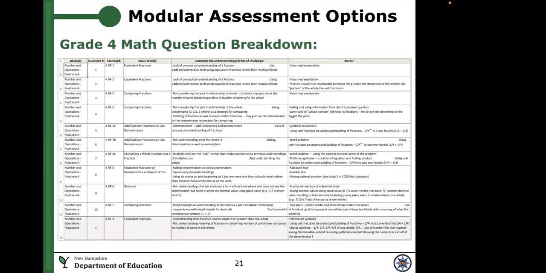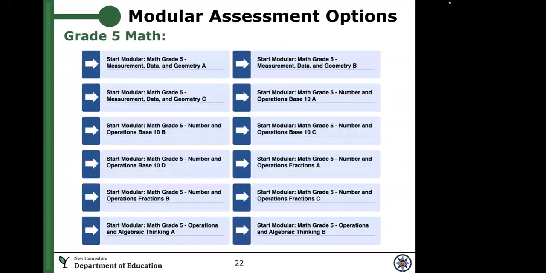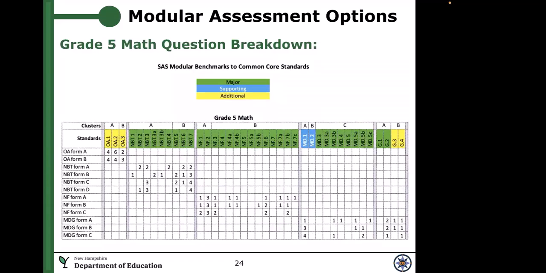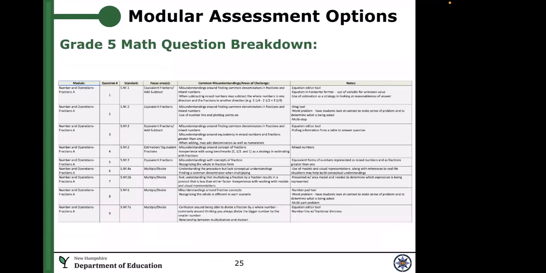And then here's just a snapshot of what you would see in one of those supplemental documents that Annie has created for math. And I just wanted to make sure grade 5, you got the same information here. Your question breakdown. Here's your Achieve the Core breakdown. And then just a quick screenshot of what your supplemental document will look like as well.